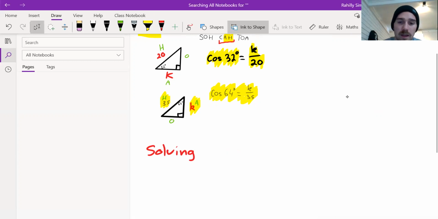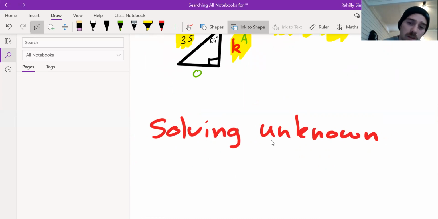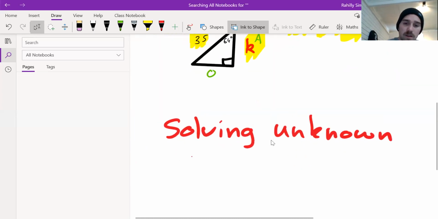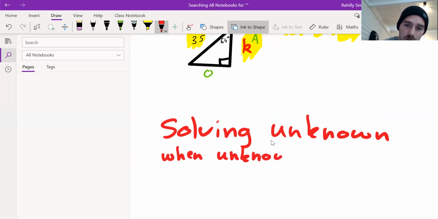Solving unknown. Okay, so I'm going to write, solving unknown when the unknown is numerator.